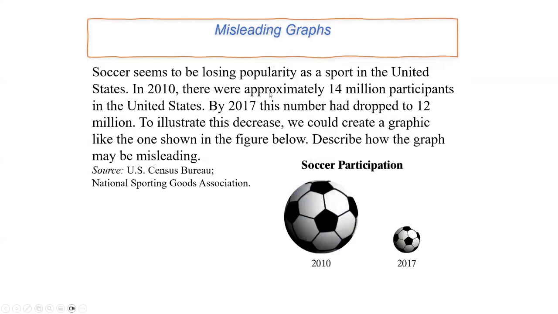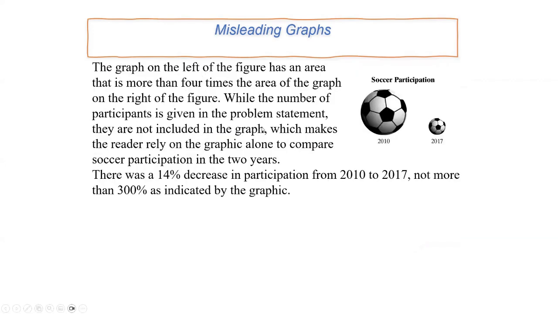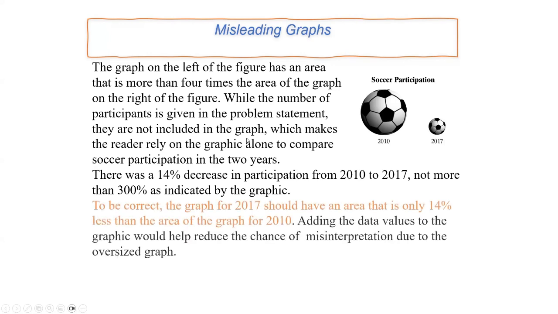Here's another one where there are 14 million participants in the US, and then it dropped down to 12 million. But this graph doesn't really line up with the data numbers here. So we've got to come up with a better way to represent the number of players in each of those years. Since it was just a 14% decrease, then the area of this soccer ball should only be about 14% larger than the area of this soccer ball.